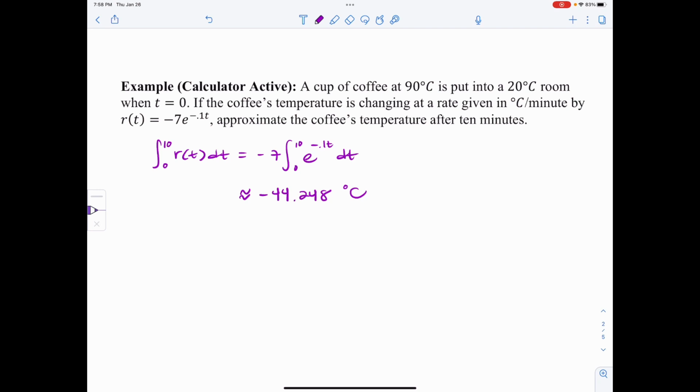Okay, that wouldn't be the temperature at the 10-minute mark, but that tells me that the temperature decreased by about 44 degrees. Another way to write this, and we're going to talk more about this when we talk about the definite integral as writing accumulation functions, is to say 90 degrees plus the net change.